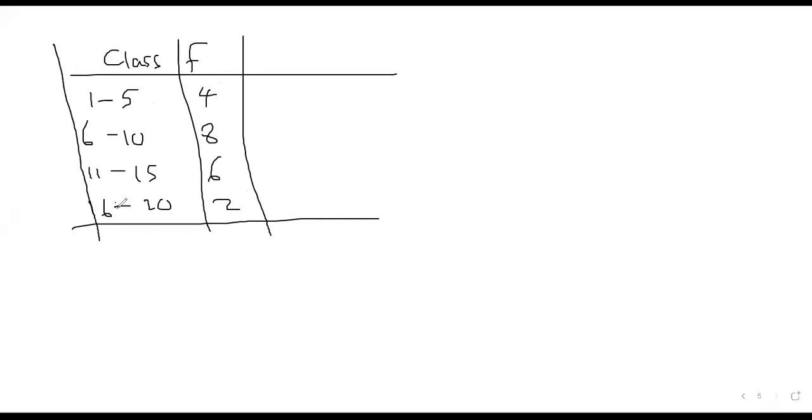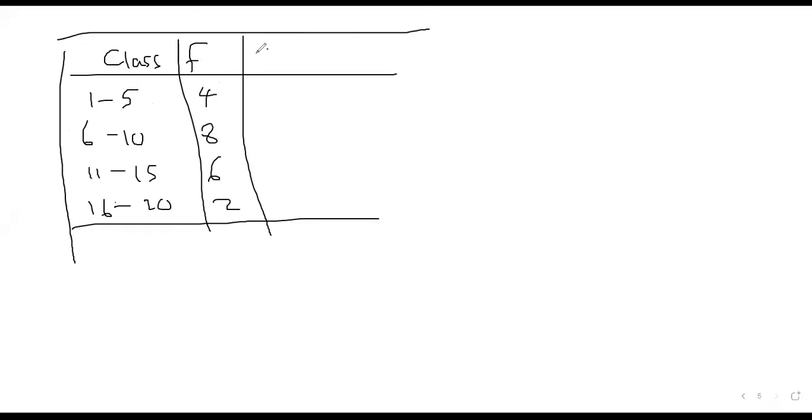So when data is put into groupings, we call this grouped data. This data can be filled in what is called a frequency distribution table.